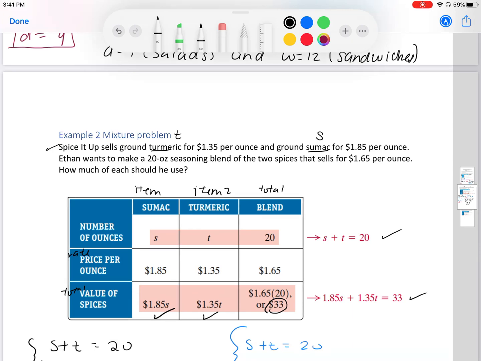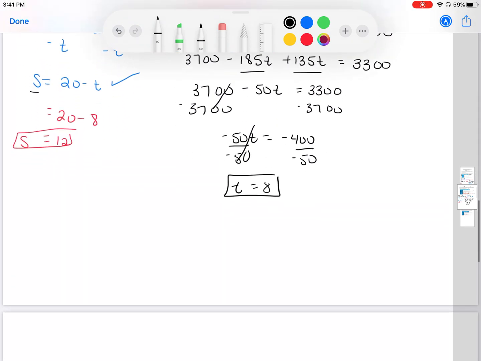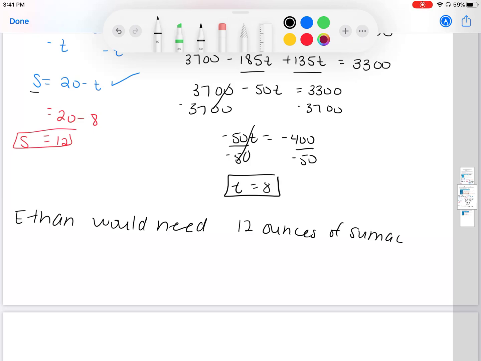So Ethan would buy 12 ounces of sumac, s equals 12, and 8 ounces of turmeric, since t is equal to 8.